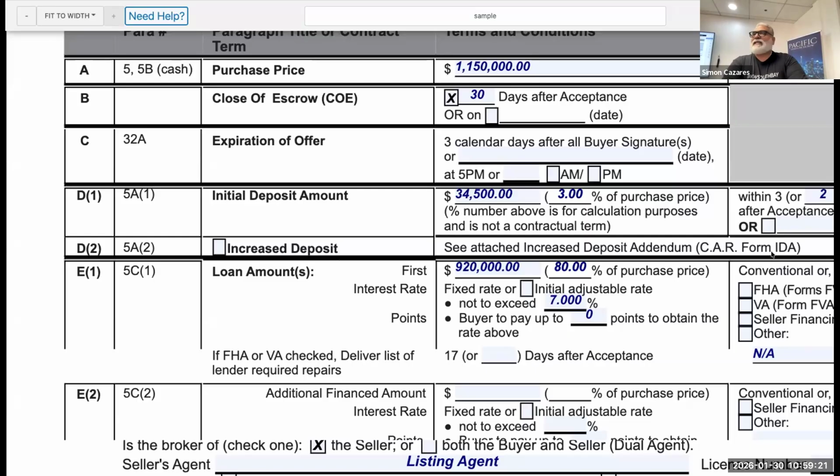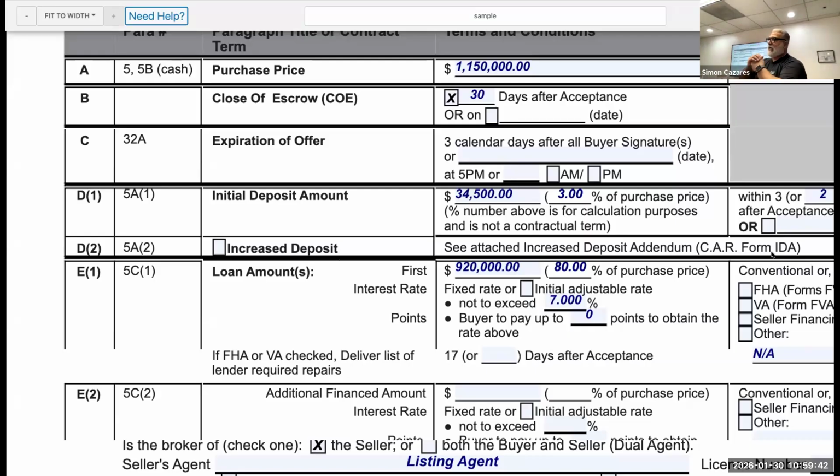Section D talks about the increase of deposit. This is only if the buyer is willing to put more deposit. Now, this is an instance, for example, folks, when let's say you put a very low deposit, $5,000, right?